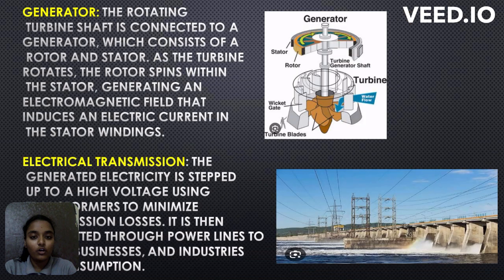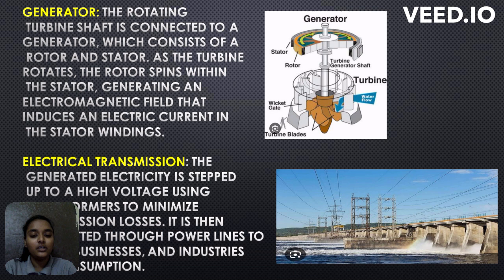Next component is generator. The rotating turbine shaft is connected to a generator, which consists of a rotor and stator. As the turbine rotates, the rotor spins within the stator, generating an electromagnetic field that induces an electric current in the stator windings.